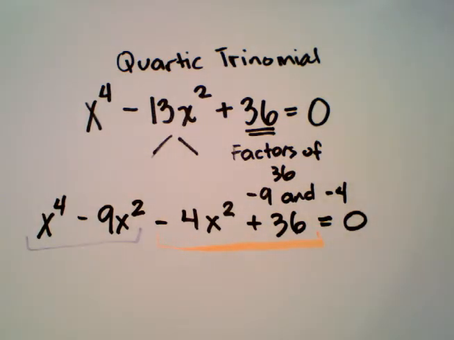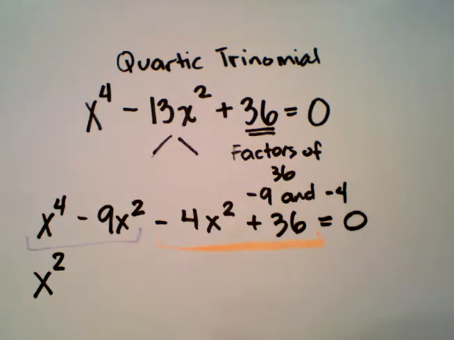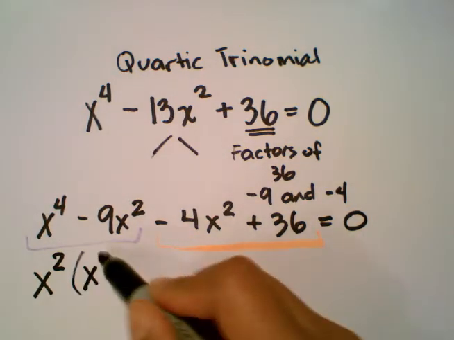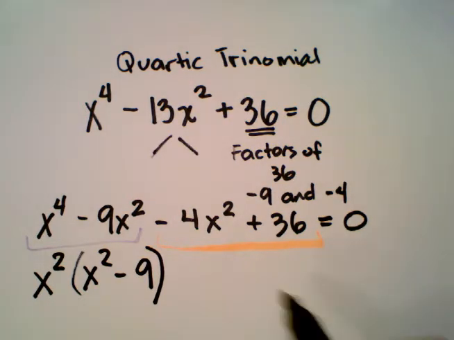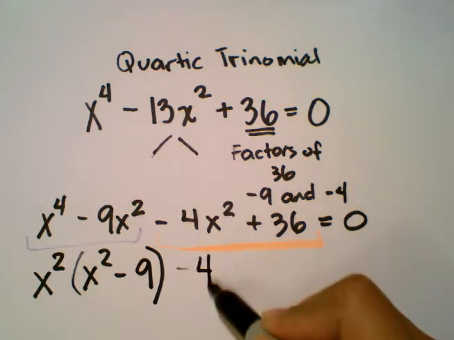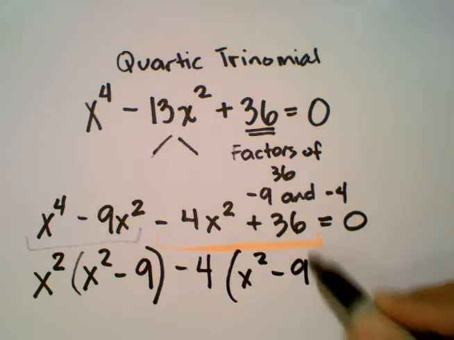From the first 2 terms, I'm going to factor out an x squared, and what I have left is x squared minus 9. And from the second group, I will factor out a negative 4, and what I'll have is also x squared minus 9.